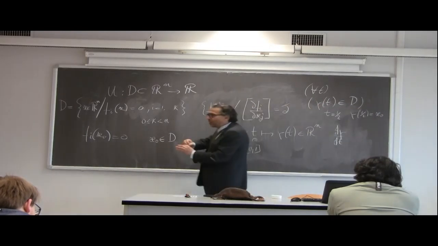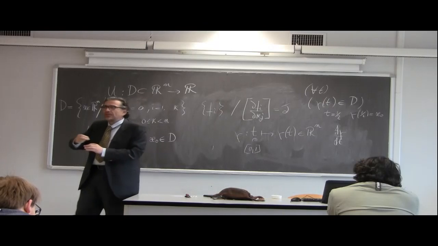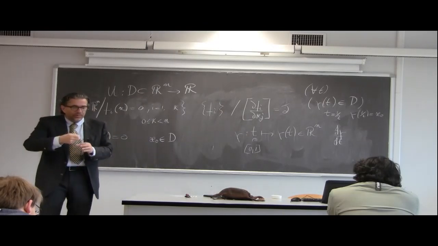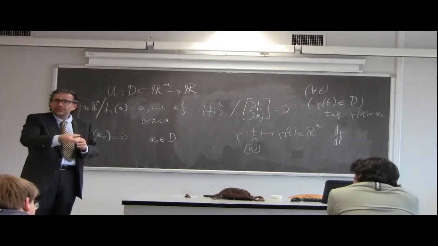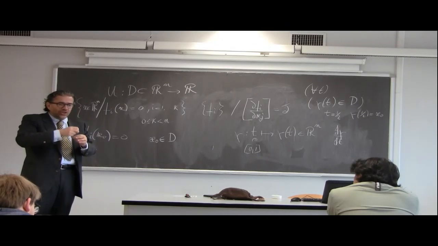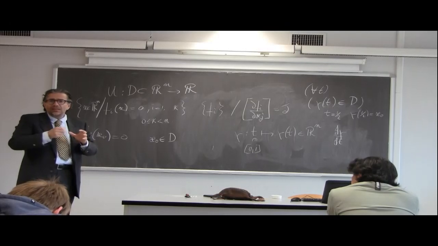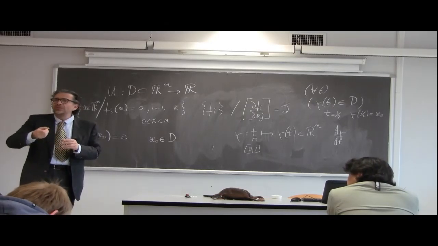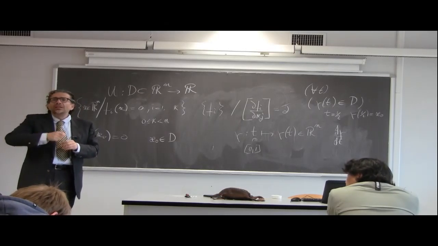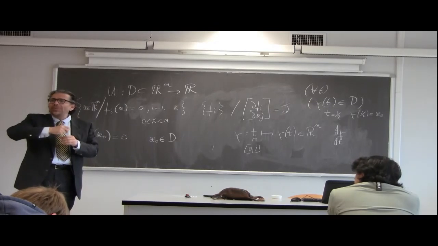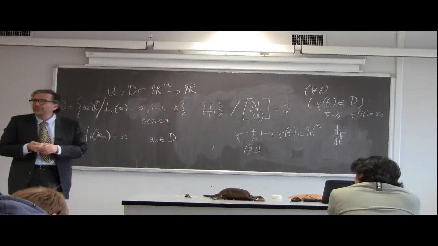So we have a curve which is included in D, and such that when the parameter t is 1/2, in the middle of your interval, the curve is passing through x0.